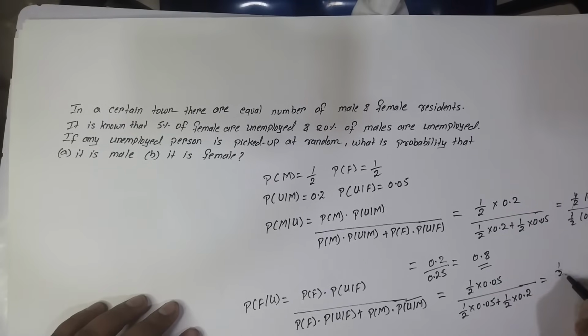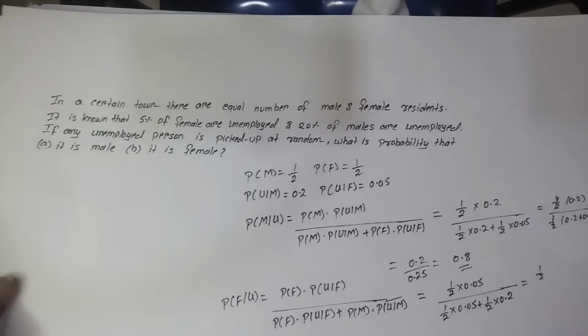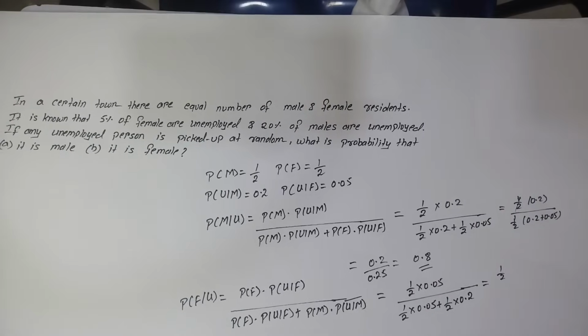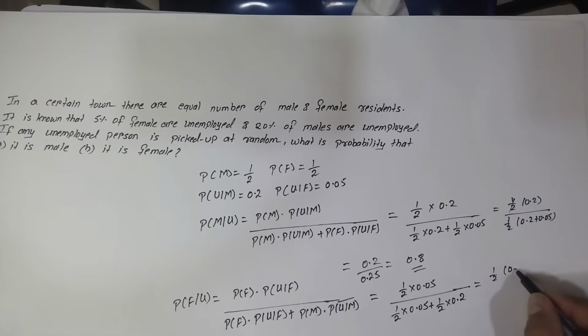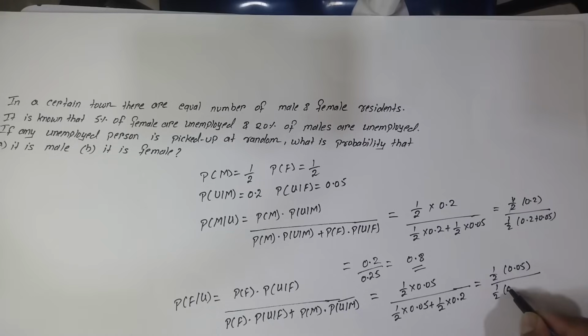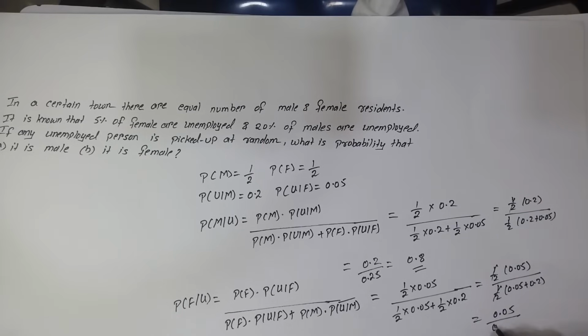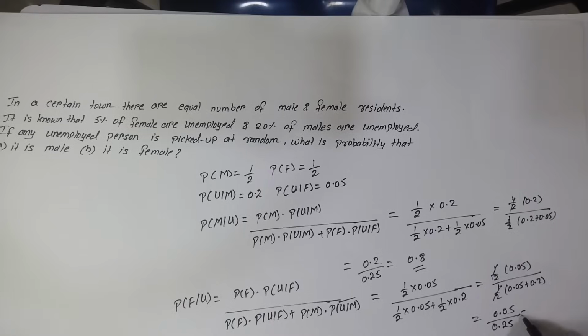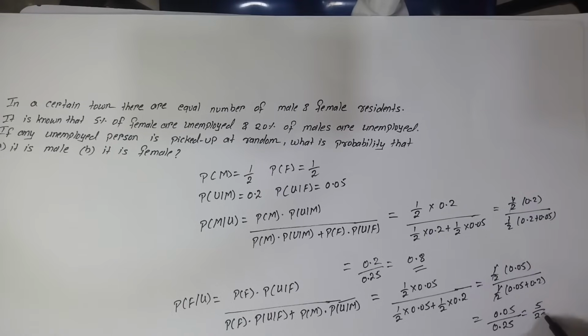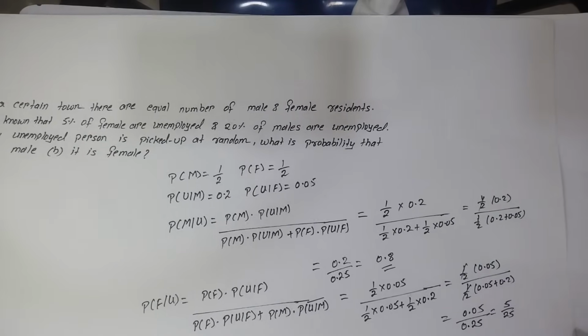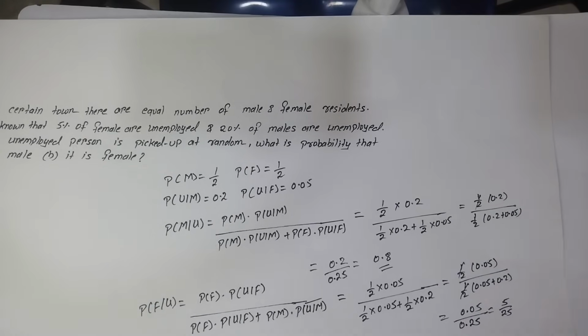Again take 1 by 2 common. So 0.05 divided by 0.05 plus 0.2. So 1 by 2 gets cancelled. 0.05 divided by 0.25, which is equivalent to 5 by 25, which is again equivalent to 1 by 5, that is 0.2.